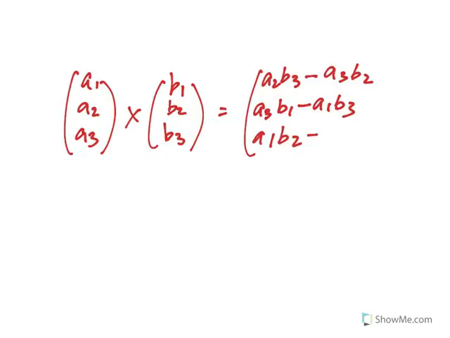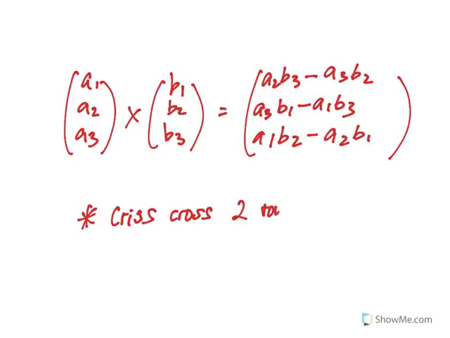Then A1, B2 minus A2, B1. So remember, to find the second entry, cross out the second row and crisscross the rows underneath. Just remember the keyword: crisscross the two rows underneath.